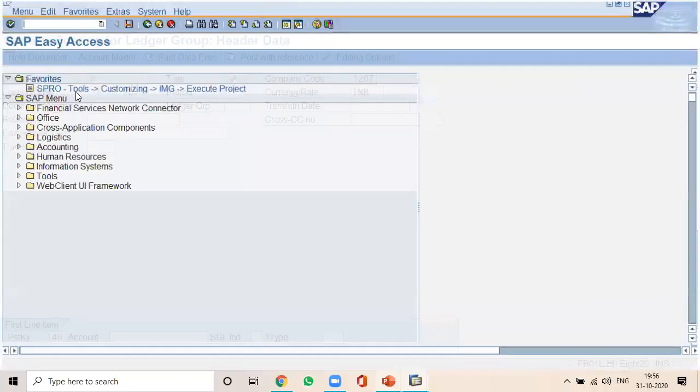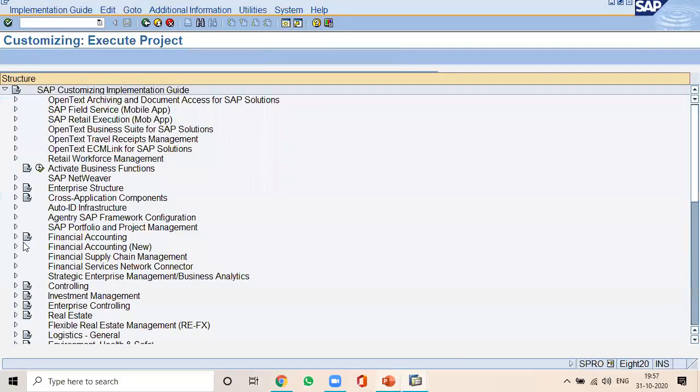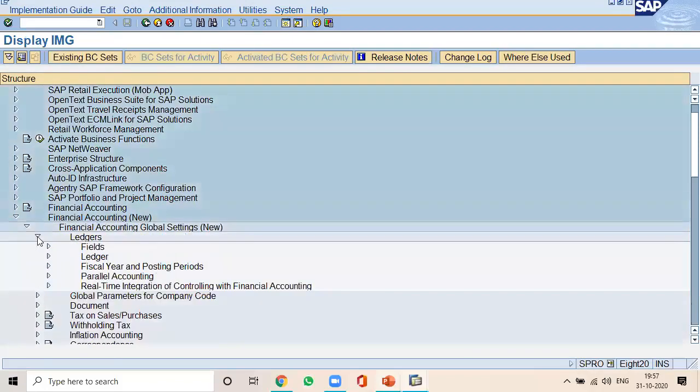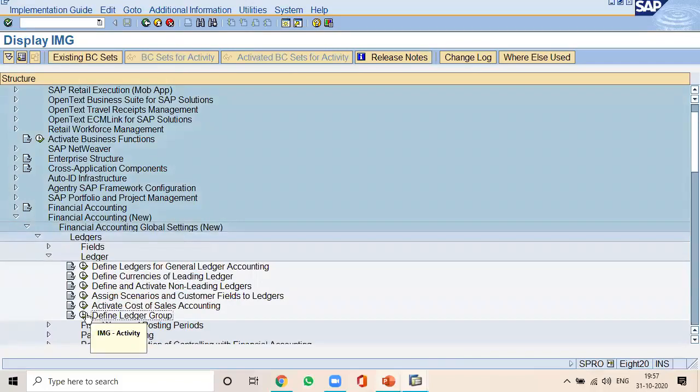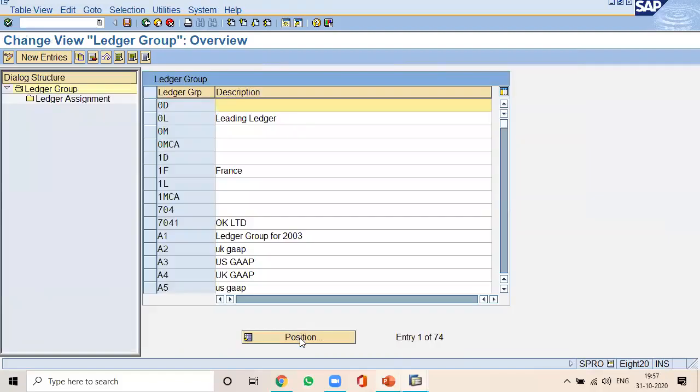Let us open one more session. Financial accounting, SPRO, financial accounting new, general ledger accounting new, global settings, ledger, ledgers, define ledger group, right?